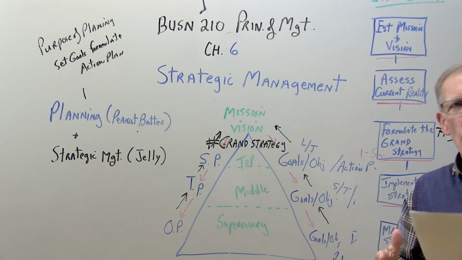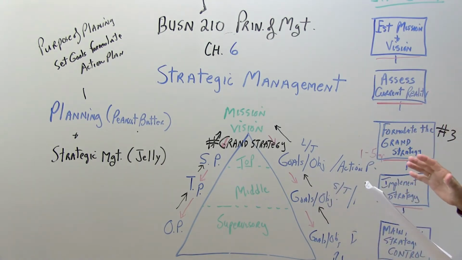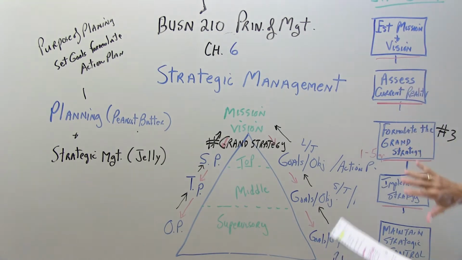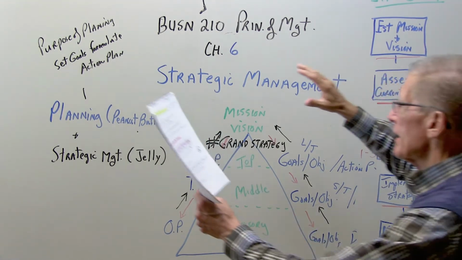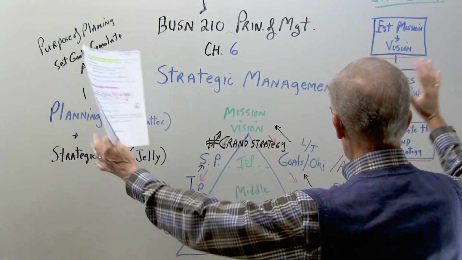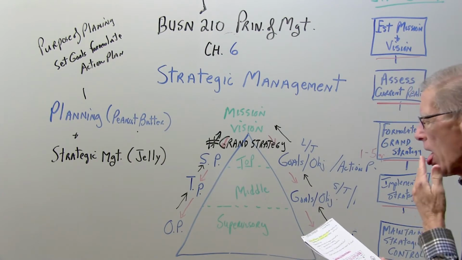Now, we're going to do a few other things here in a minute that'll help us too. But I think this will help us understand how these steps can blend into the planning. You kind of put it together and you come up with this. All right.